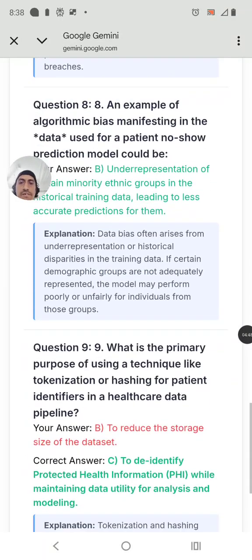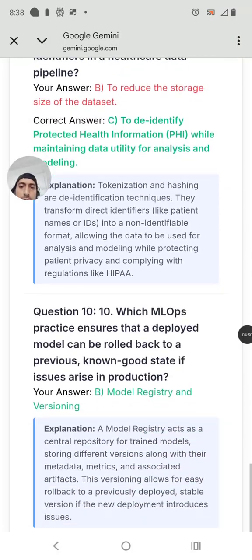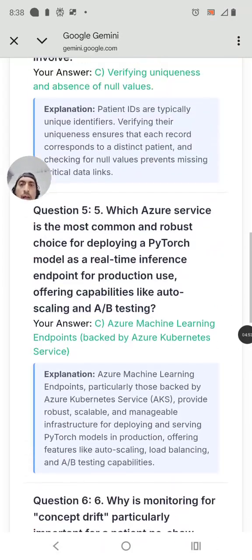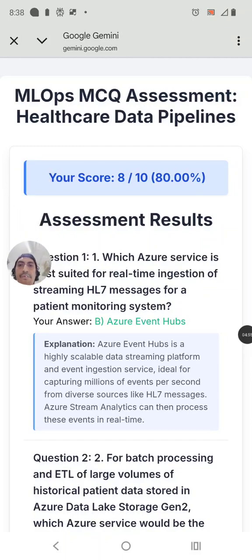Okay, let's submit. Let's see how my score was. 8 out of 10, so not bad.